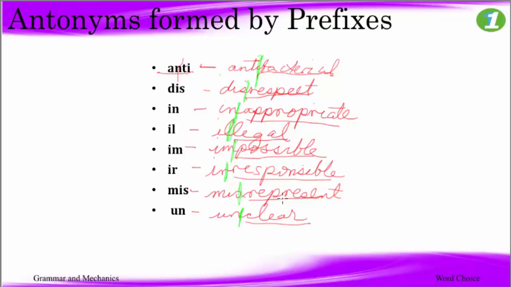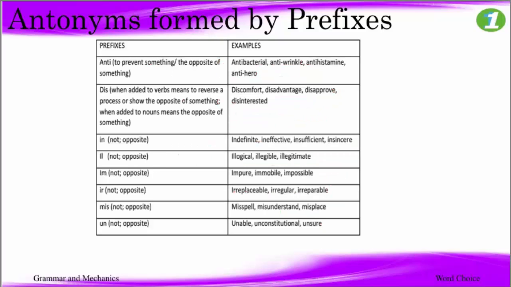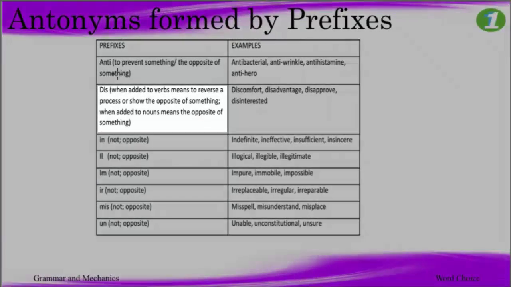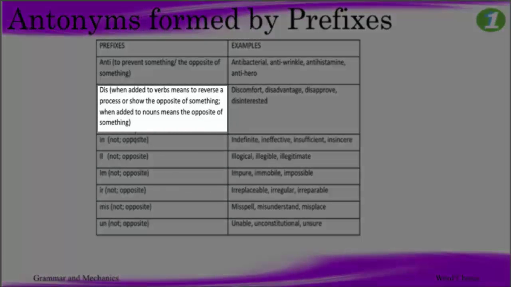Let's have a look at a table which will give us some more information on these. We have used some of the same words, but let us look. Here they are with all of the definitions and the meaning. So for example, anti, to prevent something, the opposite of something. This, when added to verbs, means to reverse a process or show the opposite of something.